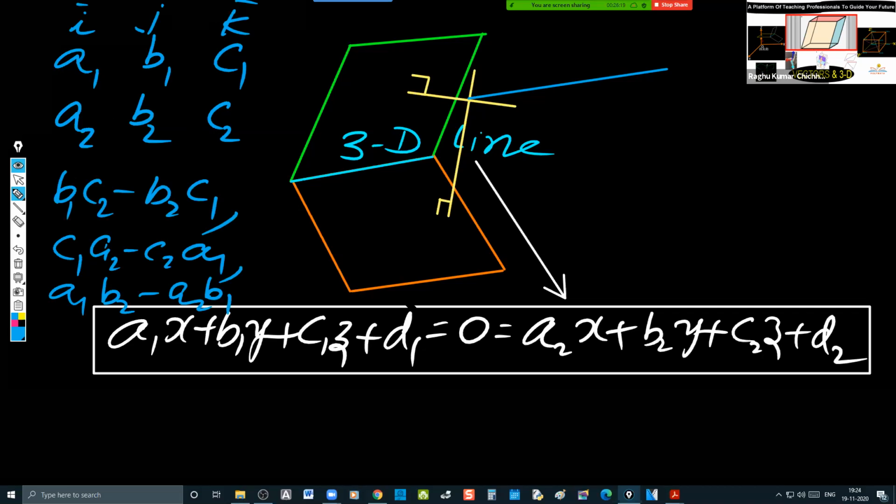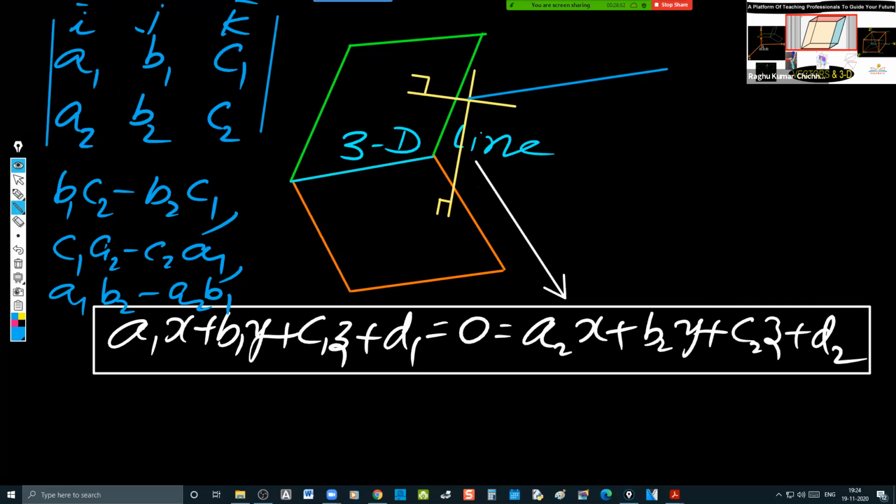So to find the information about the line of intersection of these two planes, you have to find the cross product of the normals to the planes. The normal DRs of the first plane are A1, B1, C1, and the normal DRs of the second plane are A2, B2, C2. We have taken the determinant and got the cross product of these. So the cross product gives you the DRs of the line of intersection of the two planes.